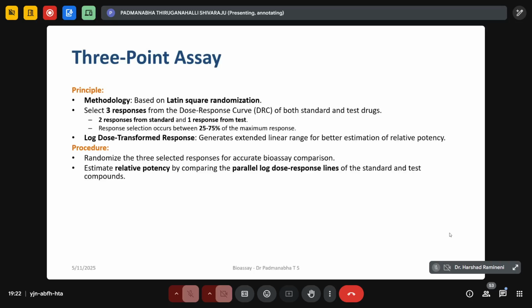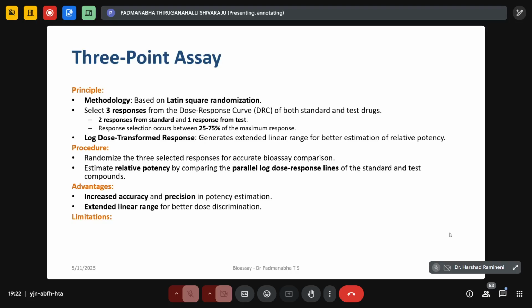Again, we need to estimate the relative potency by comparing the parallel log dose response lines. The advantage is that it is more accurate and more precise in estimating the potency, and we can extend the linear range for better dose discrimination. The limitation is that it requires careful dose selection, and randomization should be done properly.